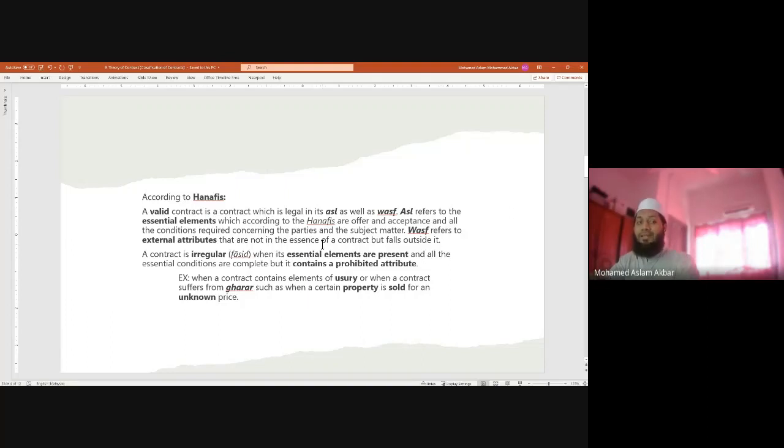But the moment you come to know the price, the moment the seller reveals the price, then the same contract which we were calling fasid before now becomes sahih.